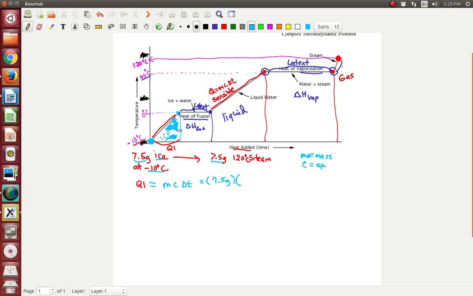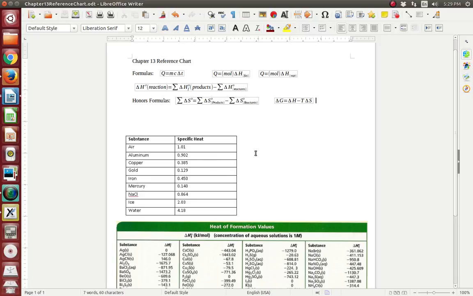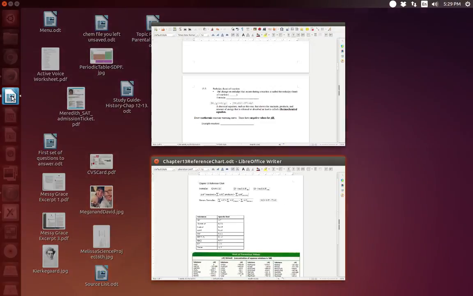C is the specific heat, and we have to look that up on a chart. I have a chart we can look at. We pull that up. Here it is. Specific heat of water, 4.18 joules per gram degree Celsius. The unit's not on this one, so I probably should take care of that.